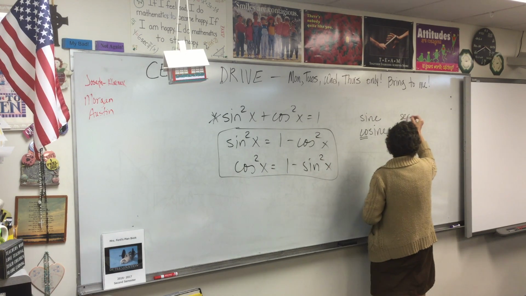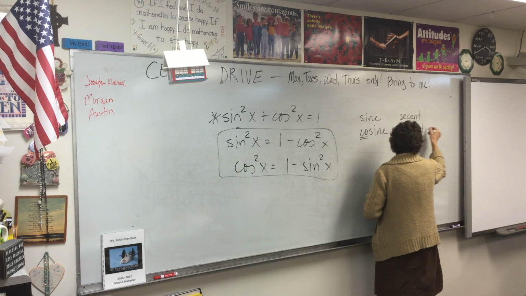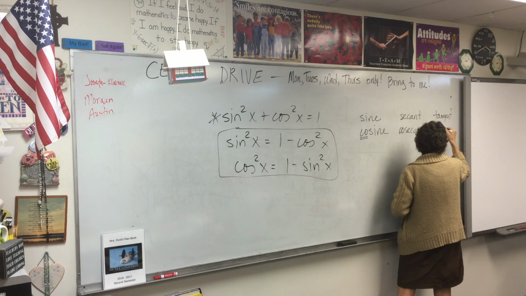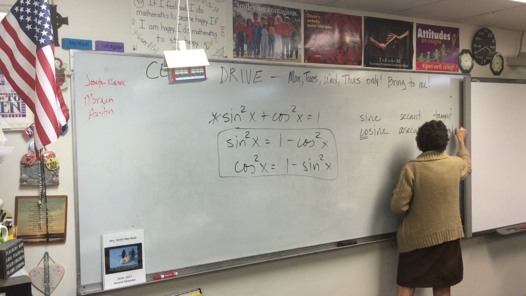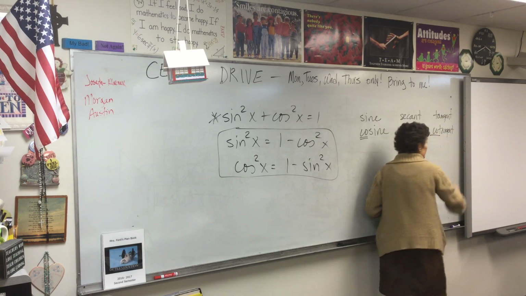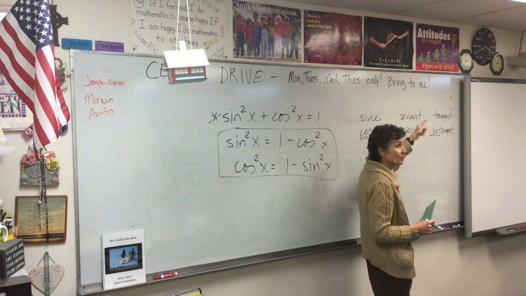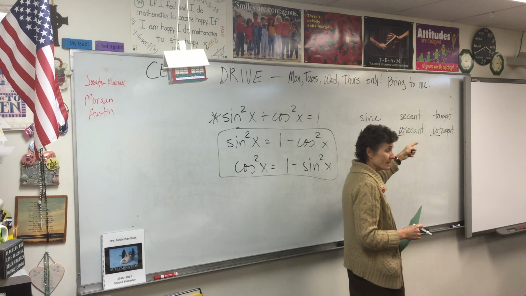We have secant and cosecant. And we have tangent and cotangent. These are the co-functions. See how they're paired? Sine, cosine, tan, cotan, secant, cosecant.